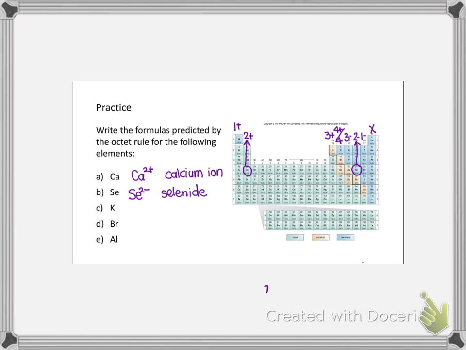Selenium turns to selenide. I don't know if anyone says saline. There's probably other ways to say it. I say selenide. Okay, potassium, K, is right here. It's in group 1A, so it's a plus. We don't write a 1, we just put plus. And so that's just called the potassium ion.